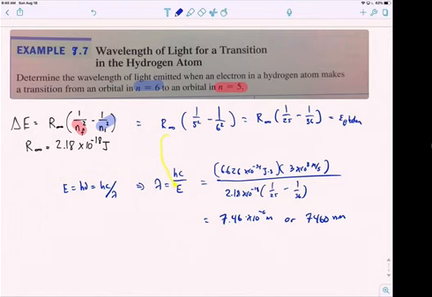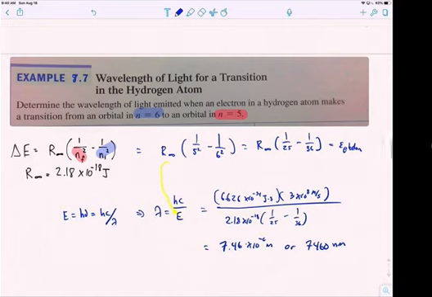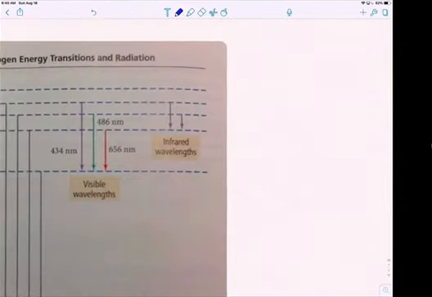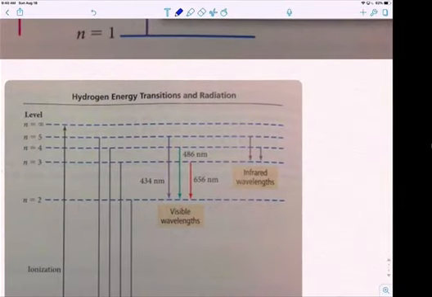Okay, so let's do a recap on this one. What we want to figure out is the wavelength of light. If we have the n equals 6 level, we have an electron here that's going down to the n equals 5 level. What is the wavelength of light coming off from that?